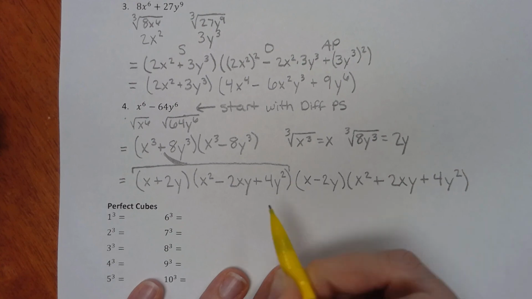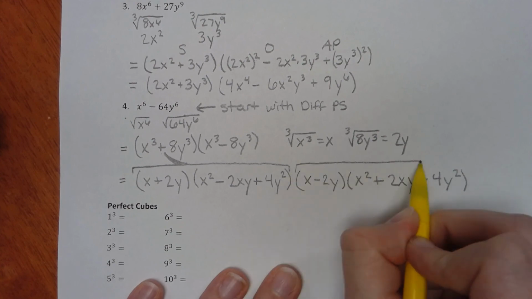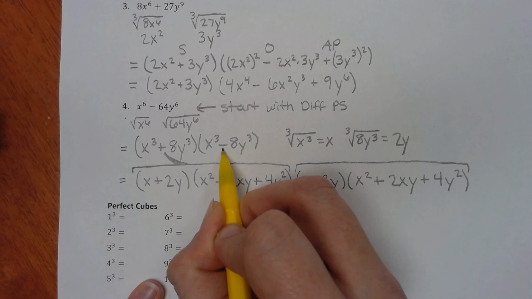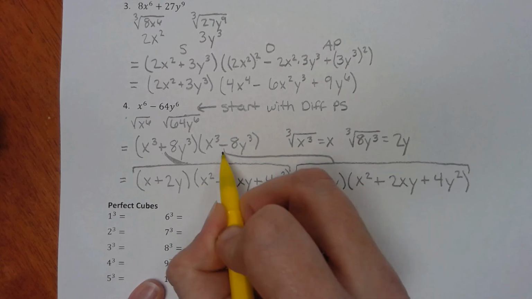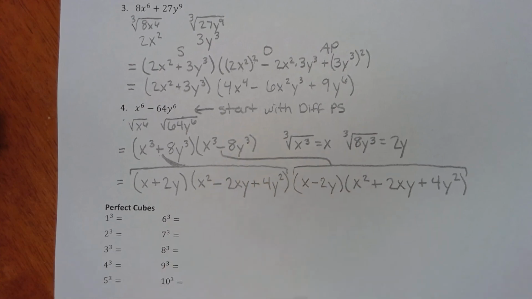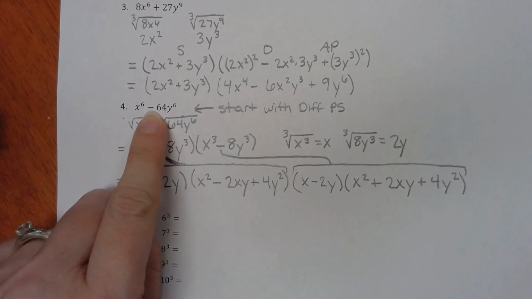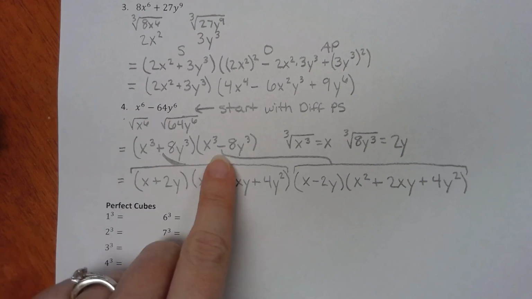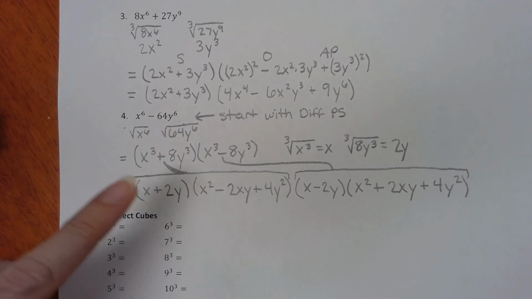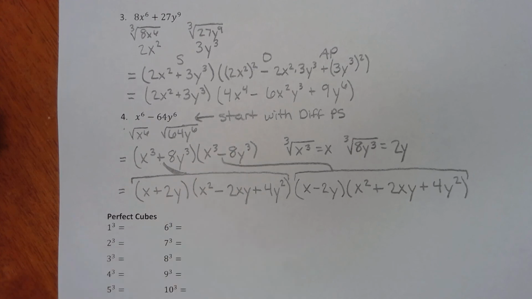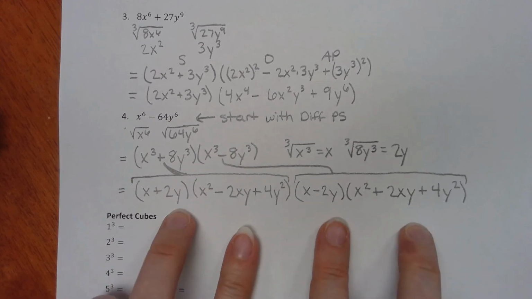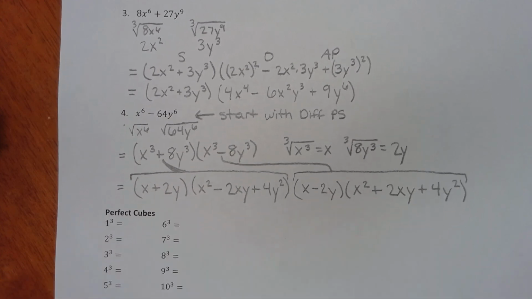So those two parentheses are the factors of the difference of cubes for this. Don't let this problem overwhelm you, but recognize first that it is the difference of squares and it is factorable, and then those are the sum and difference of cubes, and each of those are factorable. This is the complete factored form for this problem.